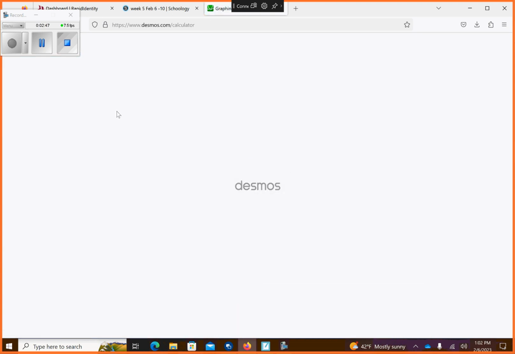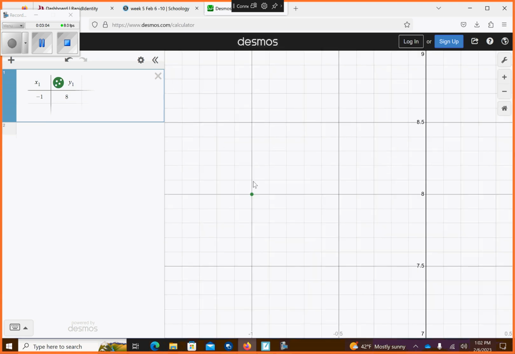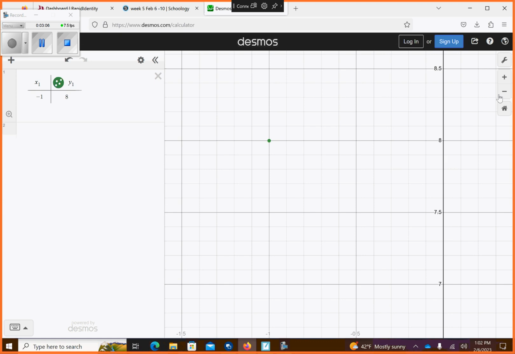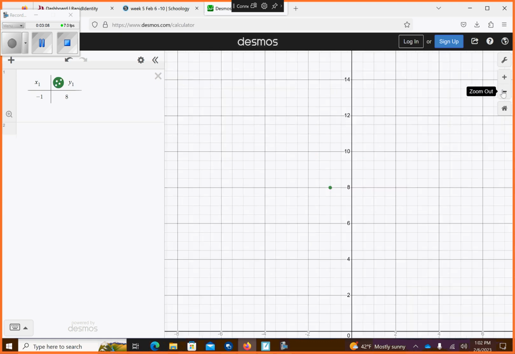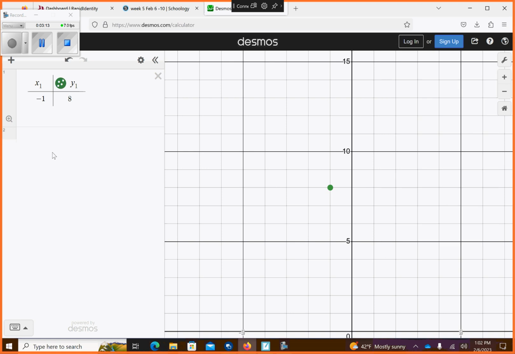So problem number 1, if you were given this type of opportunity, you use the table to put the point in, so you get -1 and 8. That's great. Let's darken this up a little bit. So that's the point that we're dealing with. But then it says you have a slope of -2.